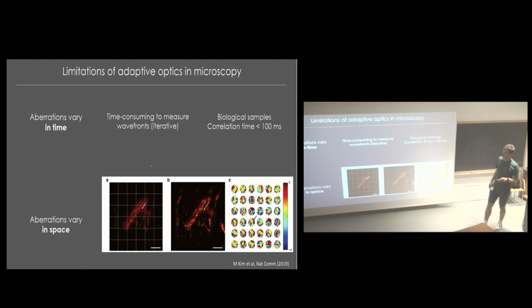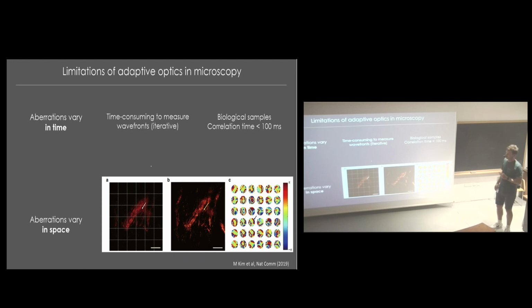In astronomy, the same correction is working for various stars, because they are at infinity. But this is not the case in microscopy. And when you go deep, the area where the correction is working can be very small. This is called the isoplanatic patch, and it can be only a few microns when you go deep.